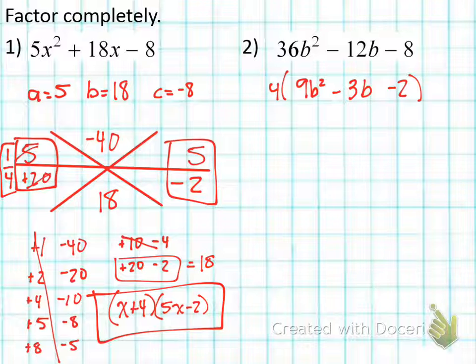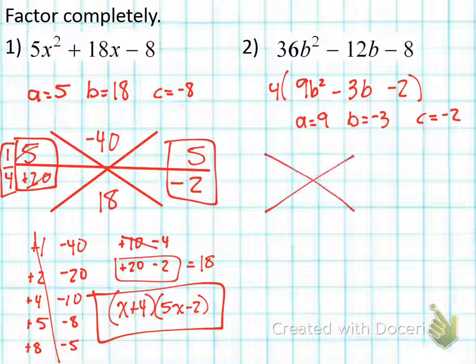Okay? And so now we know that our a is actually supposed to be 9, b is equal to negative 3, c is equal to negative 2. Using our x box now, got 9 and 9. We got a times c is negative 18.